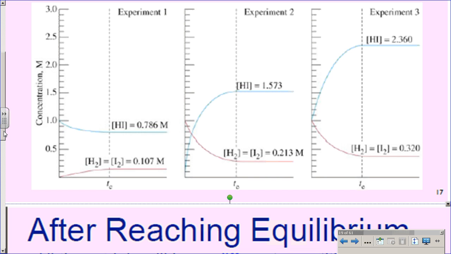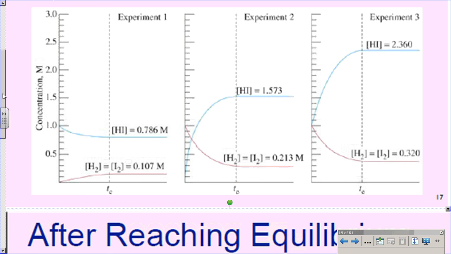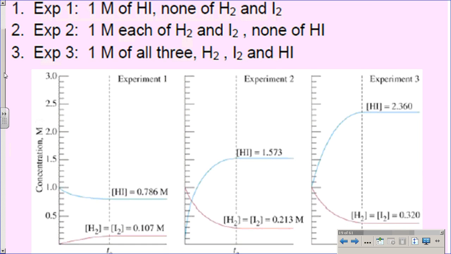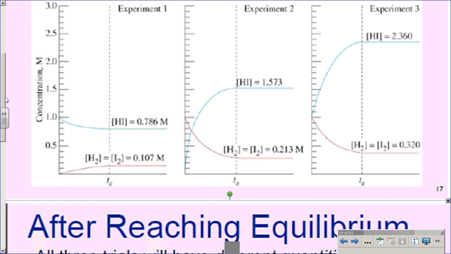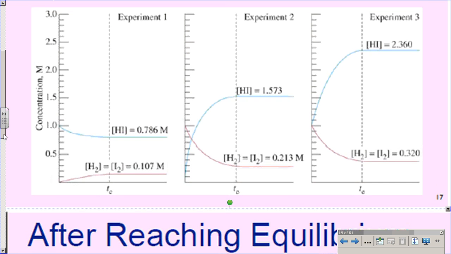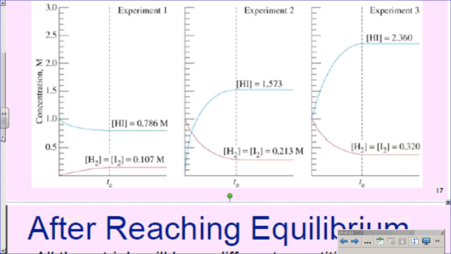This is experiment 1 data, experiment 2 data, experiment 3 data. I'm telling you what we start with of each. Don't worry about it. The starting points don't matter because you're plugging in equilibrium values.